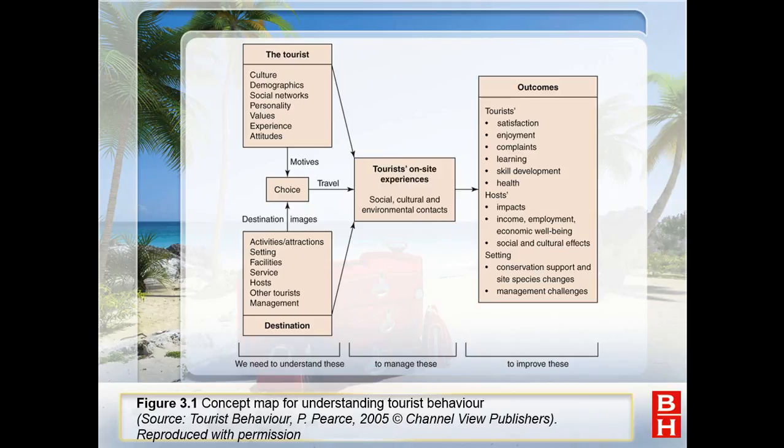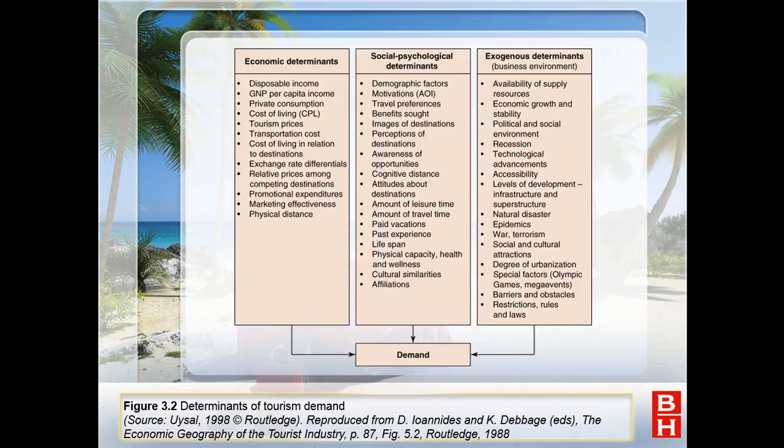When you went to France, were there a lot of demonstrations and strikes, for example? Was the food good? Were you well received? The outcomes might be satisfactory or they might not be. What kind of impact did your visit have on the hosts? Okay, this is one way of looking at the motivations.